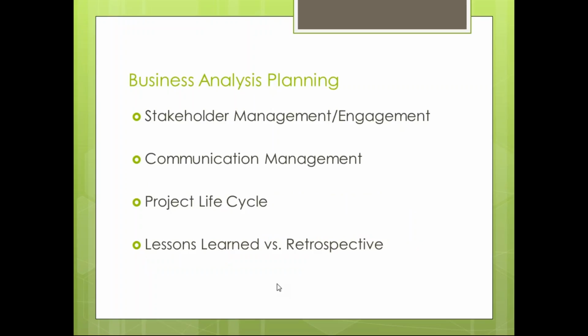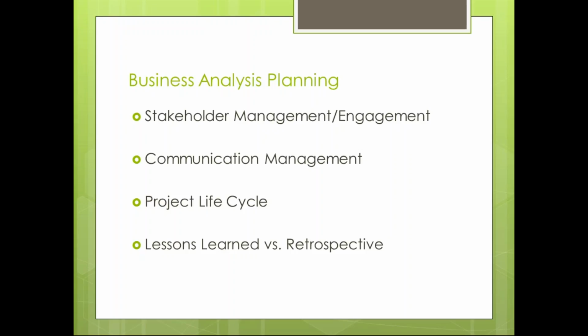So next is business analysis planning. A few important things here which just came to me: stakeholder management or engagement, communication management, project life cycle, and lessons learned versus retrospective. Project life cycle is very important.